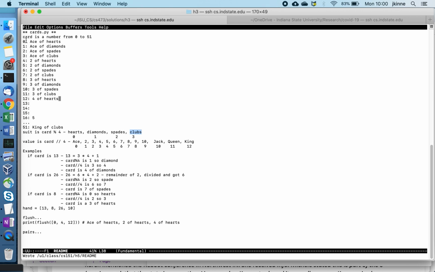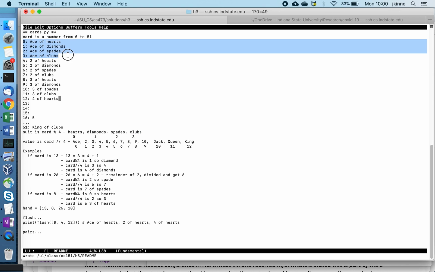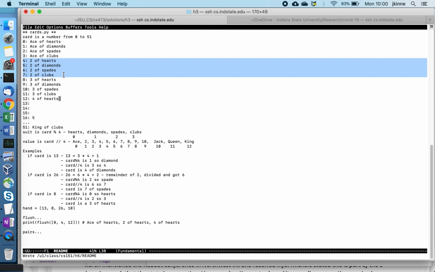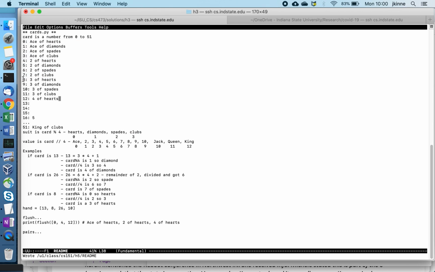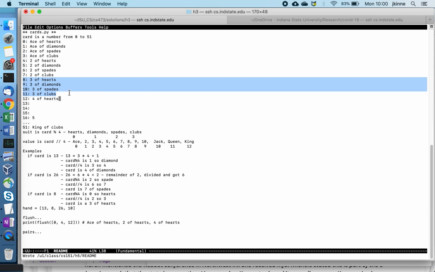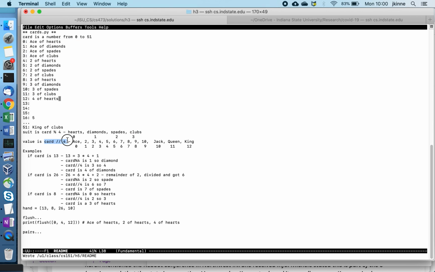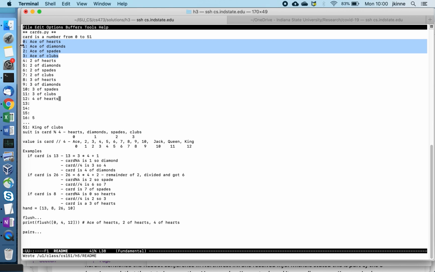And the other part is I put my aces first. So the first 4 numbers are aces. The next 4 numbers are 2s. The next 4 numbers are 3s. And the formula for that is if I divide by 4 and round down, so if I divide 0, 1, 2, 3, all of those divided by 4 are 0.